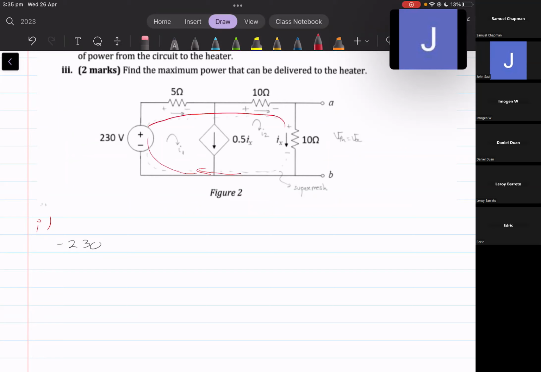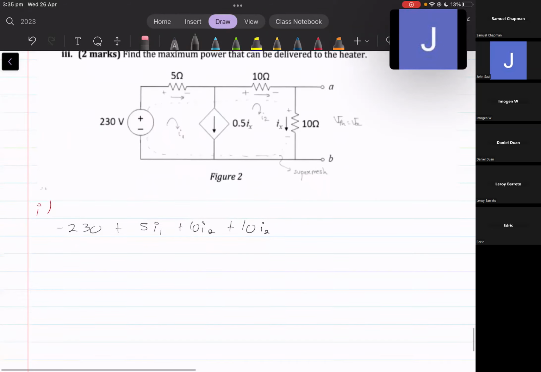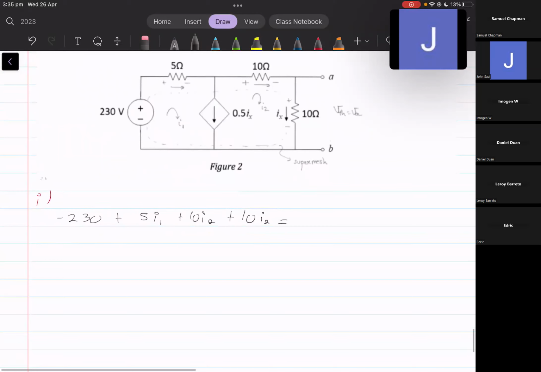We're going into the negative terminal, so that will give us negative 230 plus 5 I1 plus 100 I2, 10, thank you, 10 I2 plus 10 I2 here because this is assumed open circuit, equal to 0.